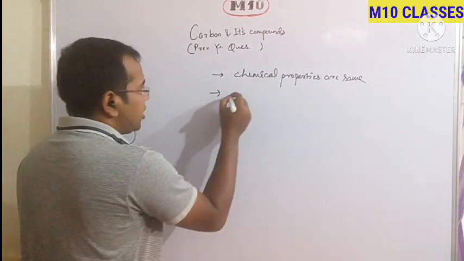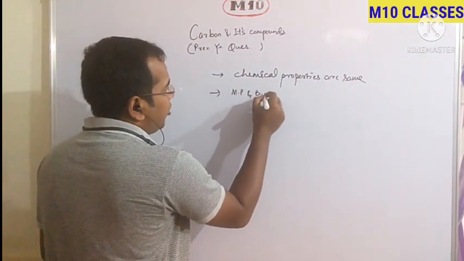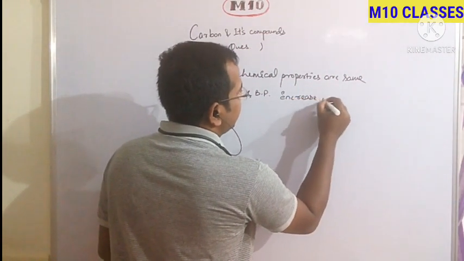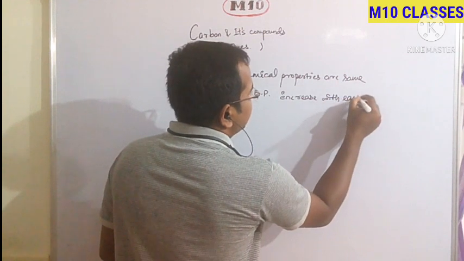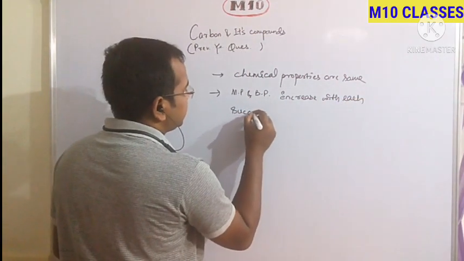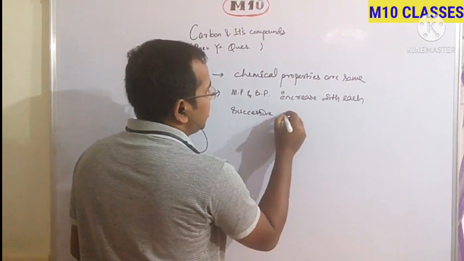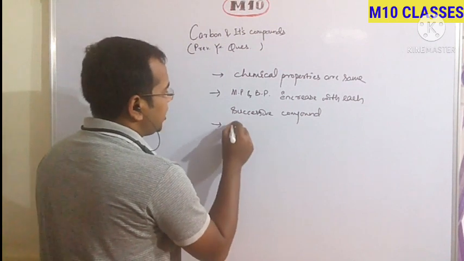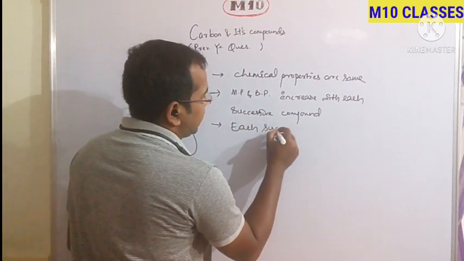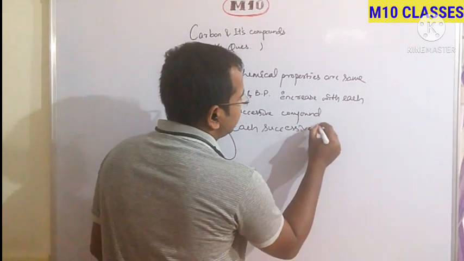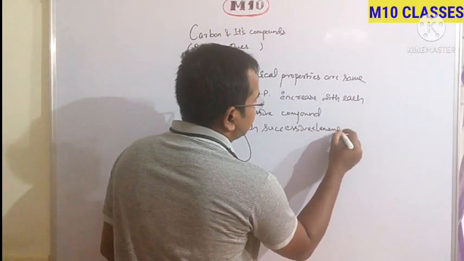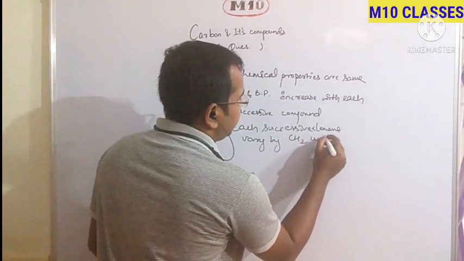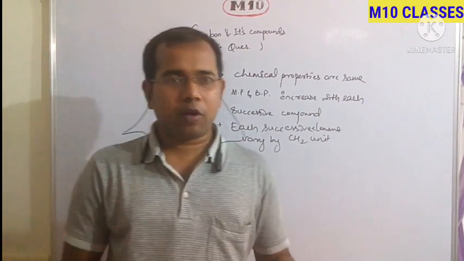But the melting point and boiling point increase with each successive compound of the homologous series, and each successive element varies by only a CH2 unit. These are the characteristics of this homologous series.